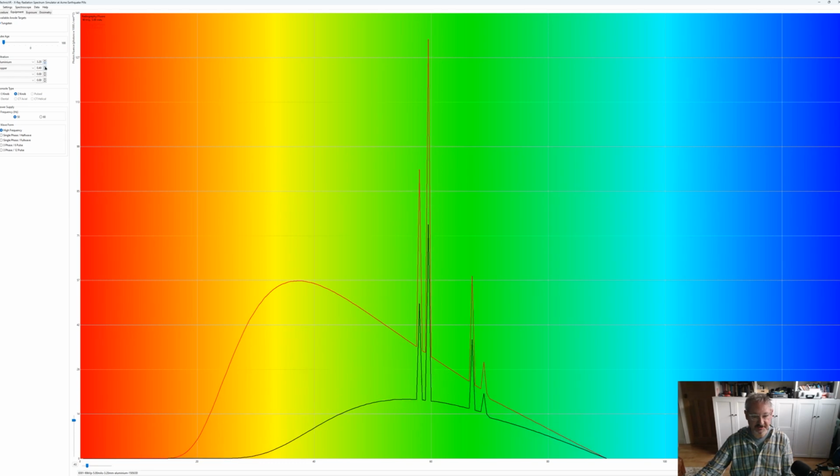By adding copper filtration, we are dampening down the spikes, but we're actually having more of an effect on the bremsstrahlung than we are on the characteristic. So adding the copper, I mean, you would never have, is dramatically reducing the amount of bremsstrahlung in the low energies. And now our median energy, going from somewhere around 35, is somewhere around 65.